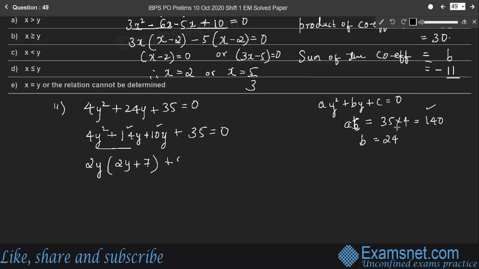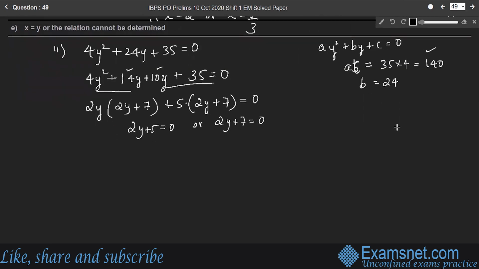Plus here 5 is common in the last two terms. So the remaining term is 2y plus 7 is equal to 0. Therefore, 2y plus 5 is 0 or 2y plus 7 is 0. Therefore, we have two values for y. y is minus 5 by 2 or y is minus 7 by 2.